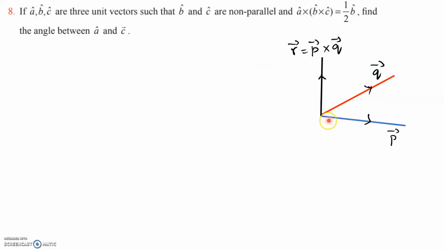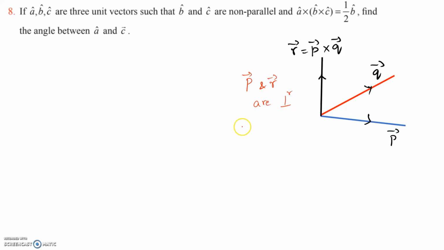Consider 3 vectors, vector P, vector Q, and vector R. And if R is the cross product of P and Q, then R has to be perpendicular to both P and Q. So they are in a plane, and R is completely perpendicular to this plane, which has P and Q. So we can say that P vector and R vector are perpendicular.